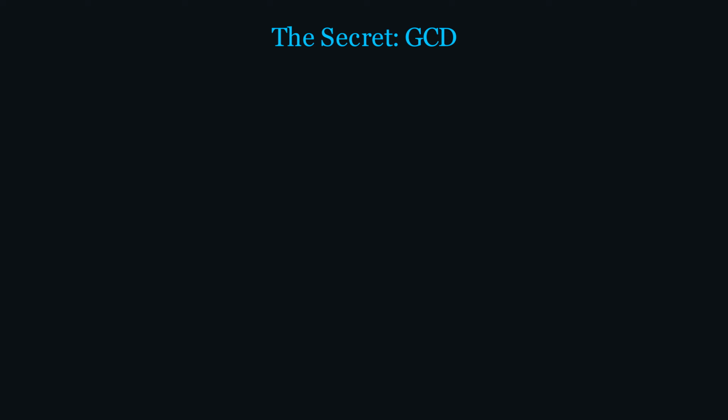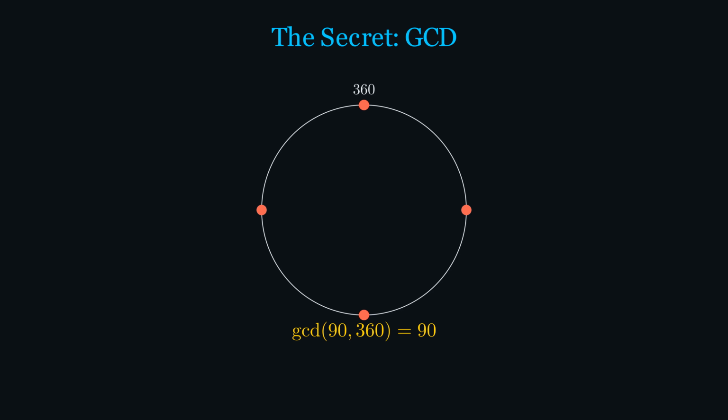The secret to this contrast lies in a classic concept from number theory, the greatest common divisor. If we take our boring 90 degrees, the greatest common divisor with 360 is 90. This means our line only hits 4 unique points before it loops back and repeats the exact same path.